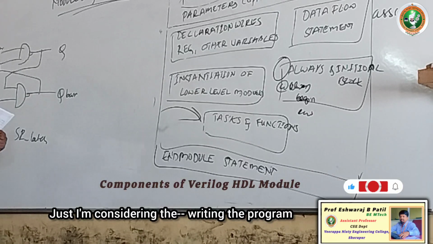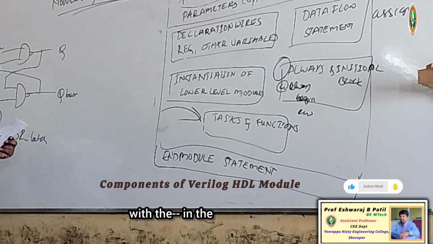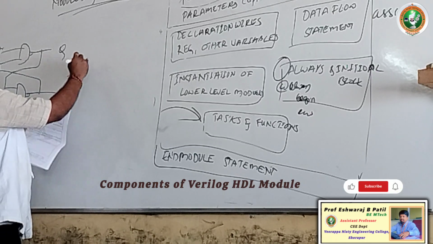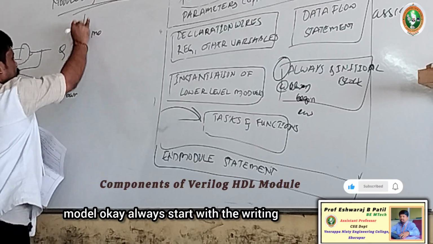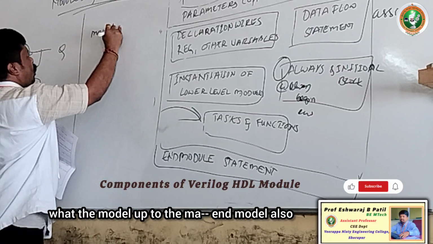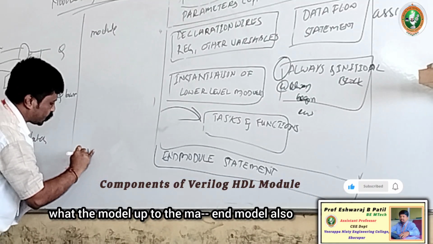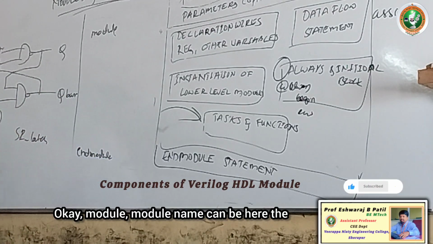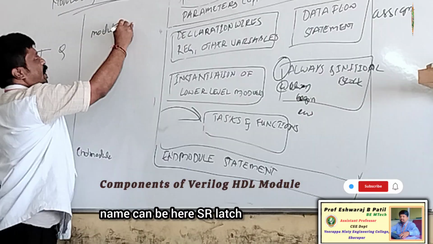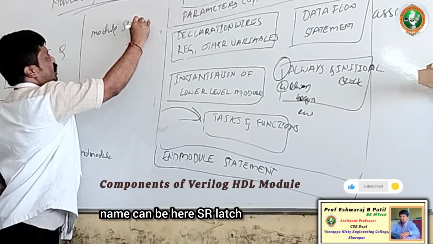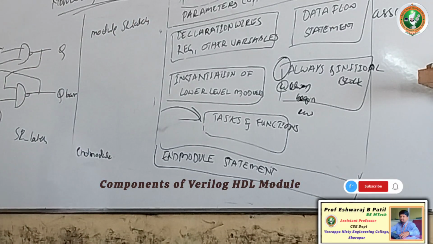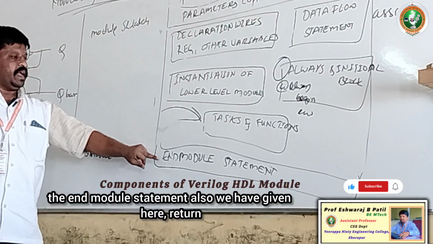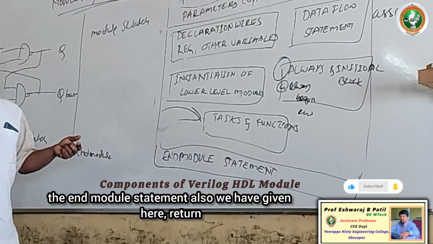Always start writing the program with the module and end with the endmodule statement also. The module name can be whatever we give, here SR latch. The module name is completed, and we end with the endmodule statement.